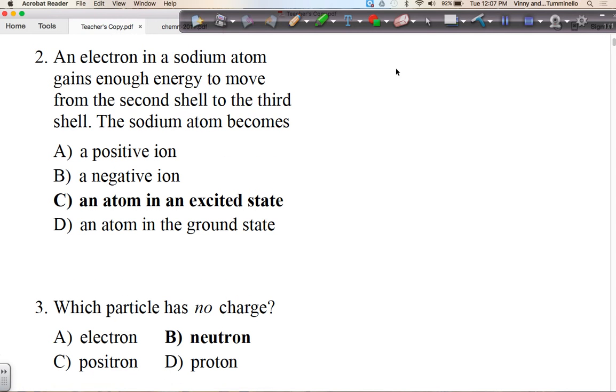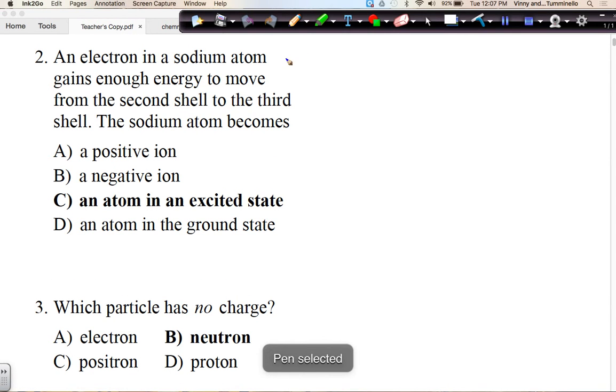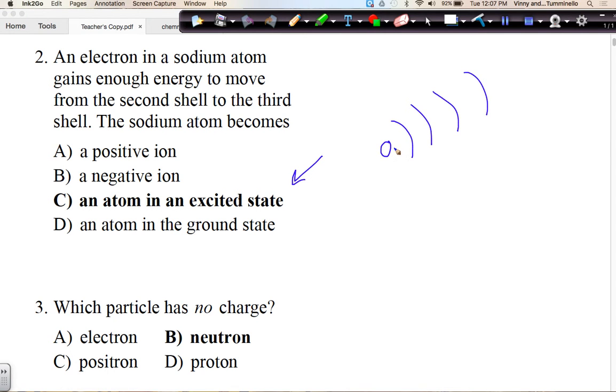For number 2, an electron in a sodium atom gains enough energy to move from the second shell to the third shell. The sodium atom becomes an atom in an excited state, because remember, if this is our nucleus and these are our rough distances for shells of electrons, anytime an electron moves from the inside closer to the nucleus to the outside further away from the nucleus, we are moving to an excited state.